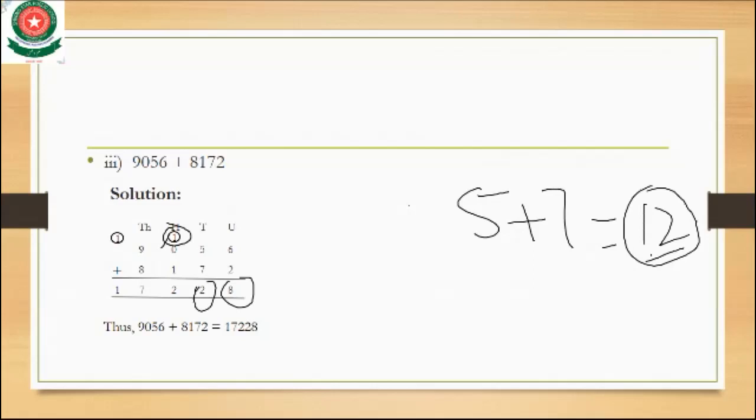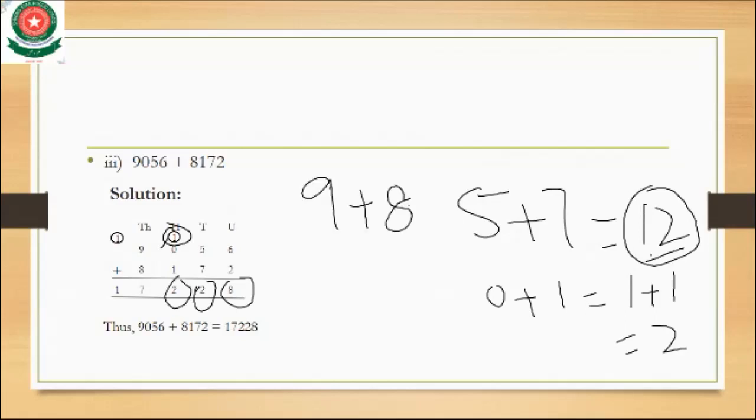So the next is 0 plus 1. 0 plus 1 is equal to 1. But see this, the carry will also come. So we will add it to 1. 1 plus 1 is equal to 2. So the answer is 2. See this. Next is 9 plus 8. 9 plus 8 is equal to 17.